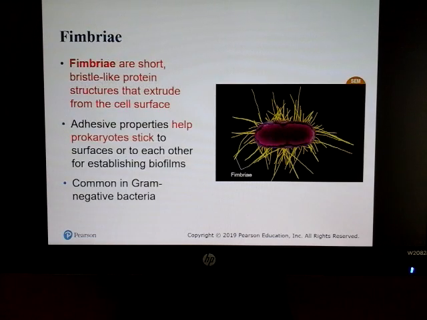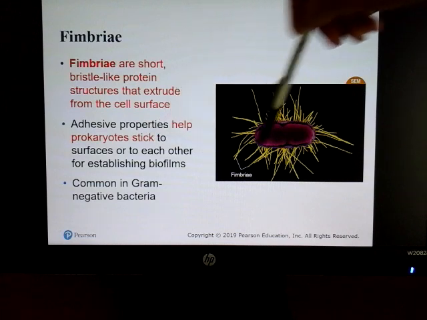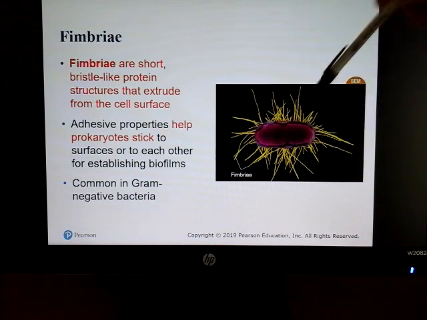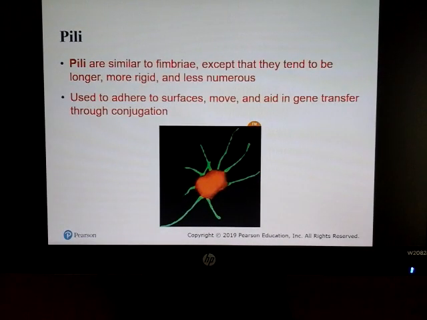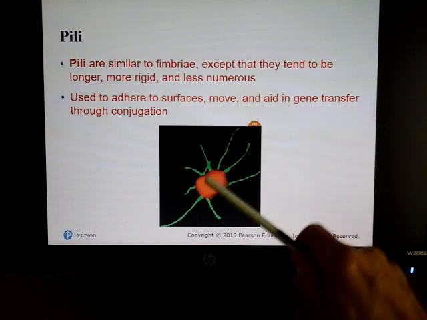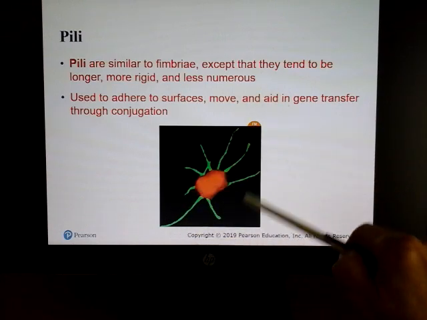Fimbriae are short bristle-like protein structures that stick out of the surface of a cell. These little stick-like structures help microbes to stick, so they can stick to you and they can stick to each other. Another structure that looks similar is called pili, but notice how much longer these look.